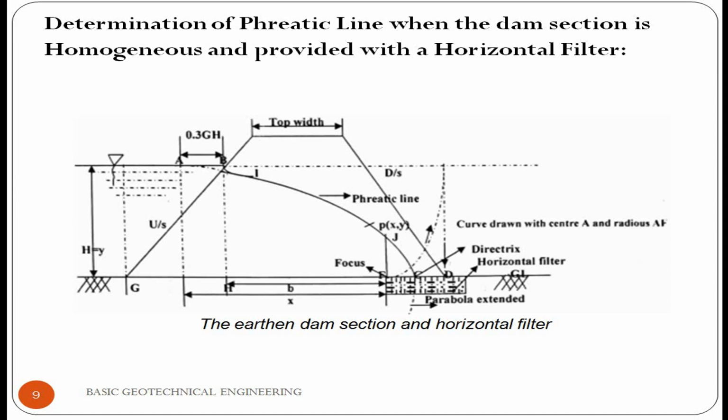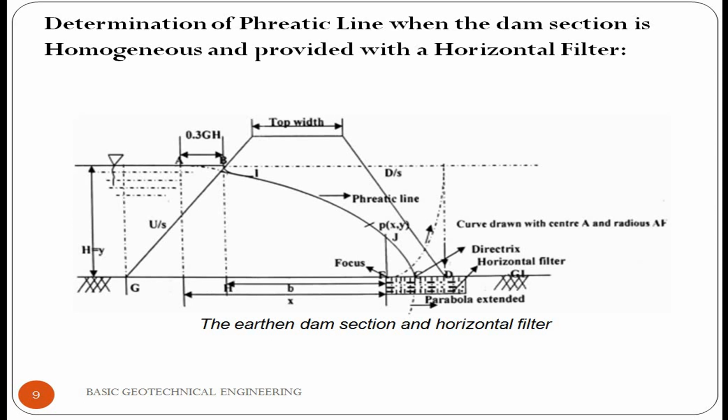So the discharge can also be calculated easily from the equation of the seepage line without taking the trouble of drawing the flow net, as explained below. Consider a unit width of the dam. Let small q be the seepage discharge per unit length of the dam. Then according to Darcy's law, q is equal to KIA.